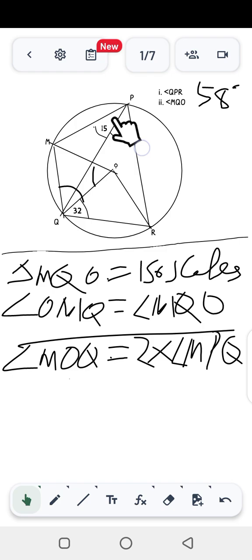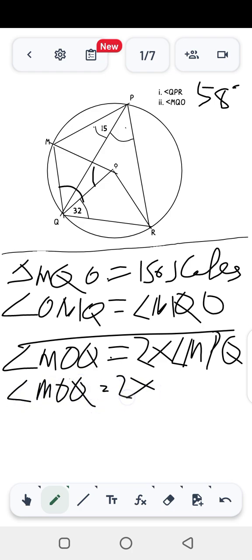This same chord is making an angle at the center here. So twice this angle is the angle which is formed here. Therefore, angle MOQ is equal to 2 times 15 degrees, and that gives us 30 degrees.